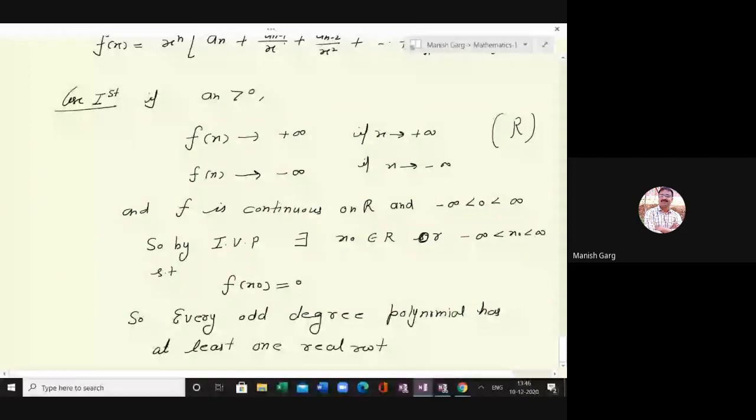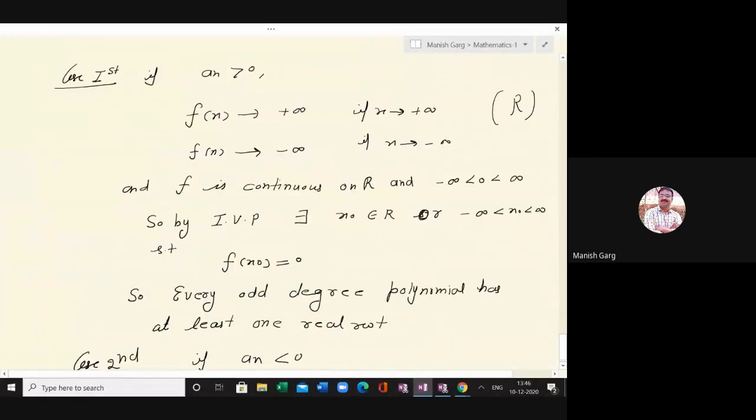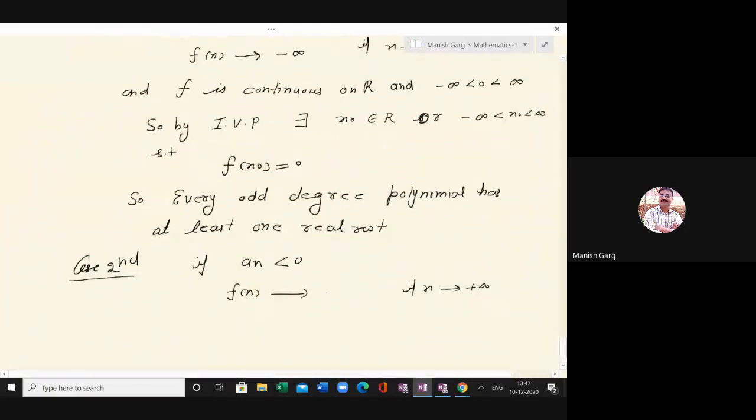Now the second case. If a_n is less than 0, what will f(x) be? If x approaches plus infinity, a_n is negative and all these terms will be 0, so negative times infinity is negative, and this will approach minus infinity.